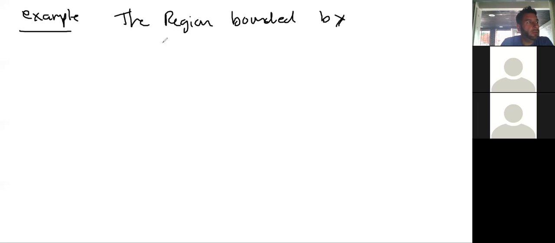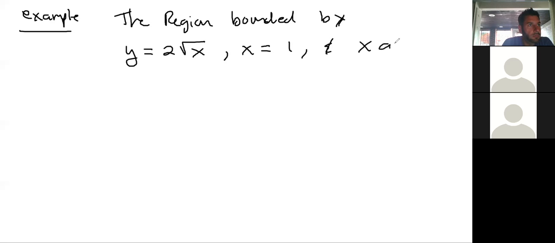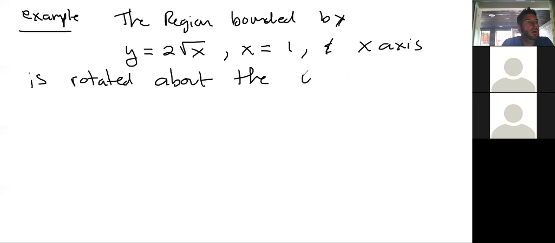So the region bounded by y equals 2 square roots of x, x equals 1 and the x-axis is rotated about the y-axis.